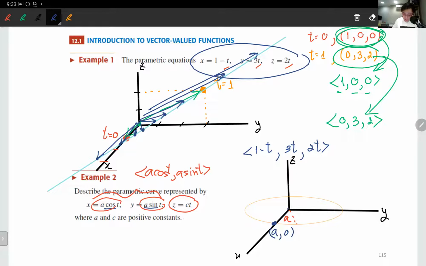But now you can say it's a vector pointing towards it. Let me use the green one so it's a little bit easier to see. This green right here is the a 0 vector.